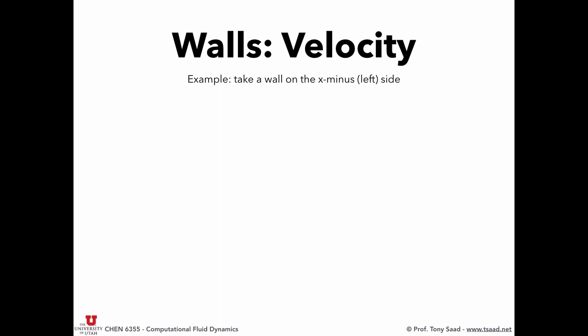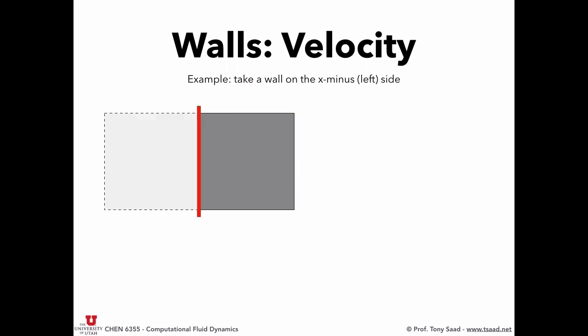Walls, we'll start with the velocity. We're going to take a wall on the x minus side. So that's the left wall. So remember, the indexing in the left wall, this is going to be I equals 0, and this is going to be I equal 1, right? Because that's the first interior point. So I equals 0 is the ghost cell. Remember, we had P0,0 at the bottom, and then P1. Okay, but at any j.